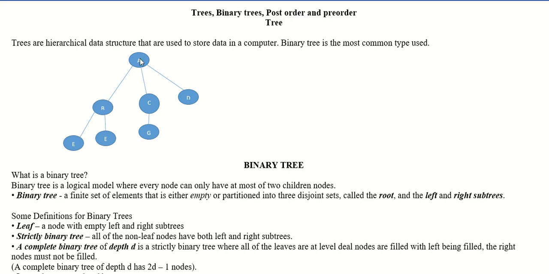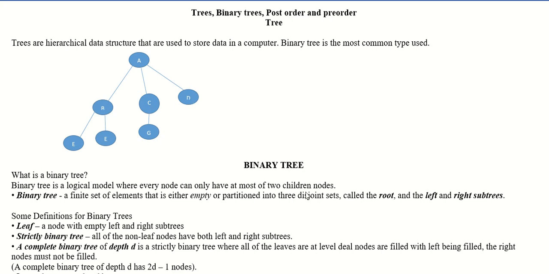Remember, a binary tree, like explained just below here, should have only two children. So here A is the root, B is a child, C is a child, and D is a child, and therefore it has more than two children. So that is not a binary tree, it's just a tree.